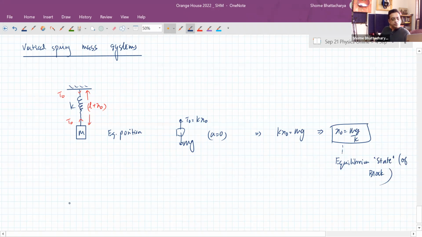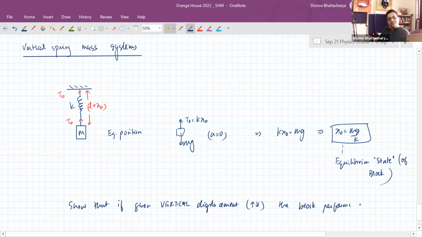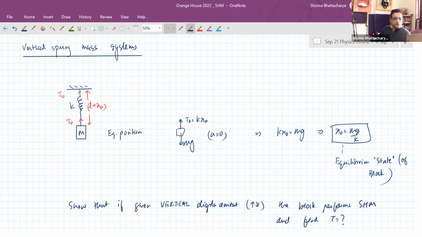So now what we'll do is show that if given vertical displacement, whether it's up or down, it doesn't matter, vertical, the block performs SHM, and we want to find the time period. So just note down this section, then we'll discuss more about it.